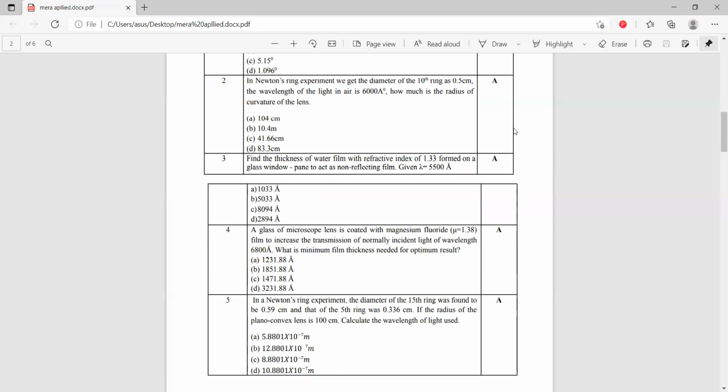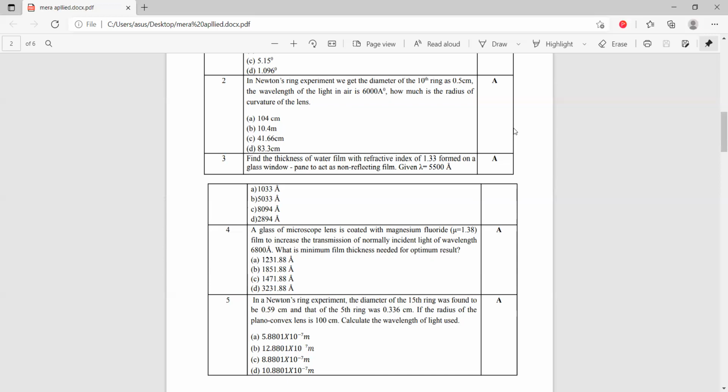Moving on to next question, question number 4. A glass of microscope lens is coated with magnesium fluoride and the mu is given as 1.38. Film to increase the transmission of normal incident light of wavelength 6800 angstrom. What is the minimum film thickness needed for optimum result?